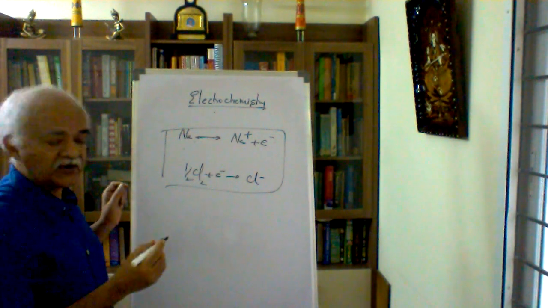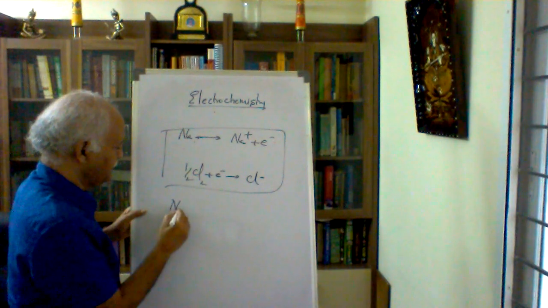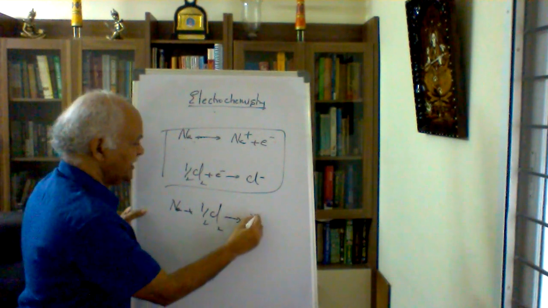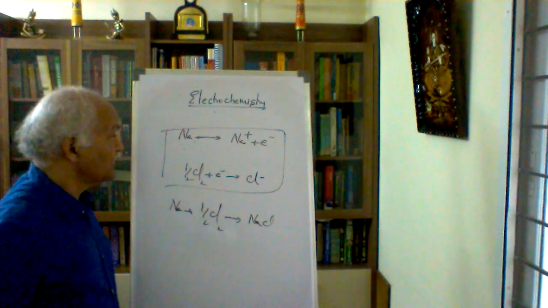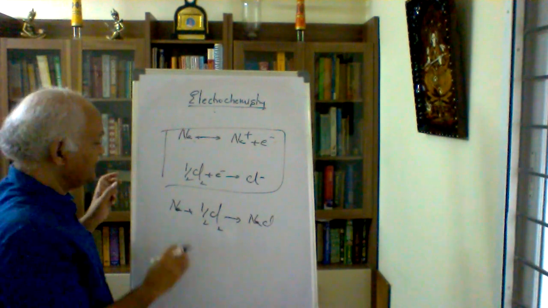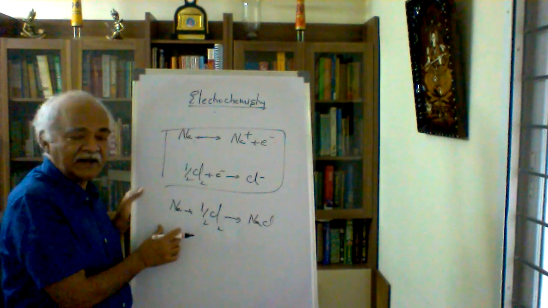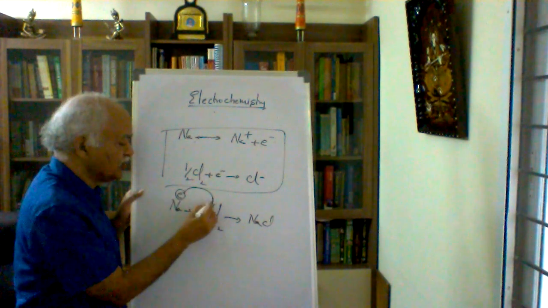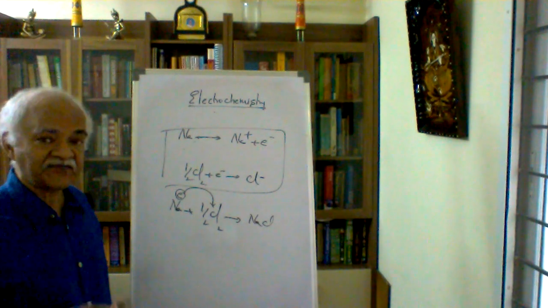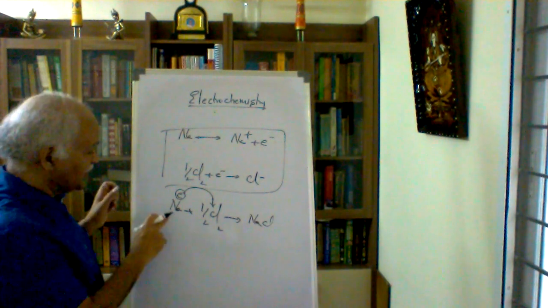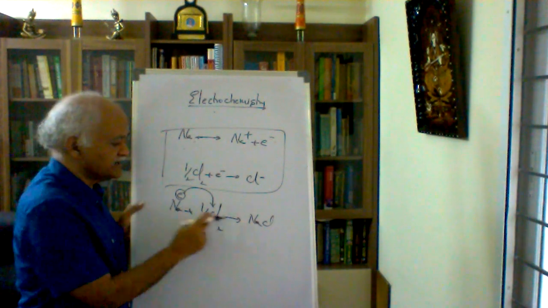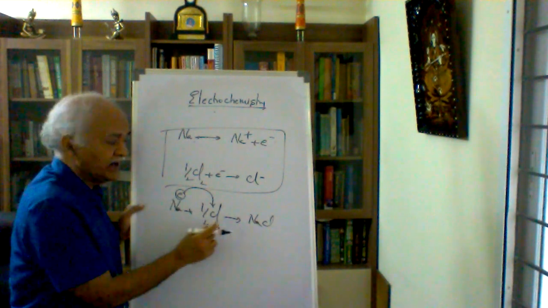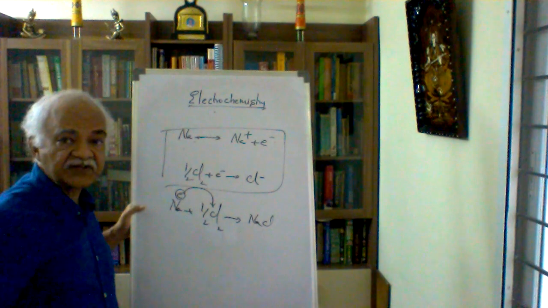Again, if I go back to my original equation, sodium plus half chlorine is getting converted to NaCl. If I am recombining them, the electron from sodium has gone to chlorine. It has shifted. Because sodium is losing an electron, it has become plus. Because Cl2 is accepting an electron, it has become minus, as we have shown in the first reaction.